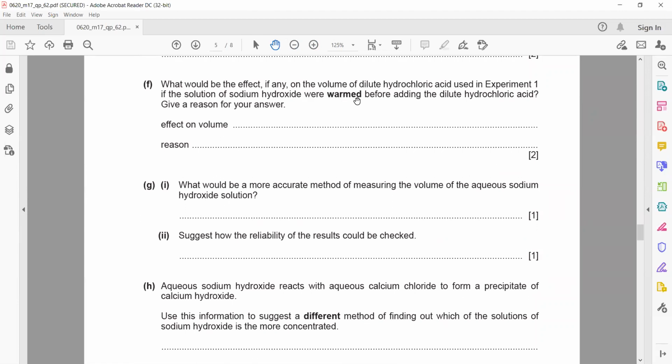So the effect, there will be no effect. The reason is that it can affect the rate, but it will not affect the amount, because we have the same number of particles. Temperature will only affect the rate, but it will not affect the amount of reactant required for a complete reaction. So effect on volume, there is no effect.